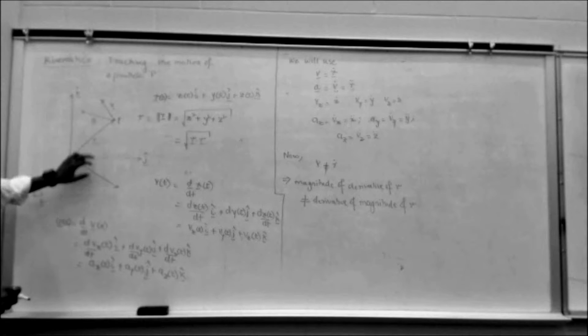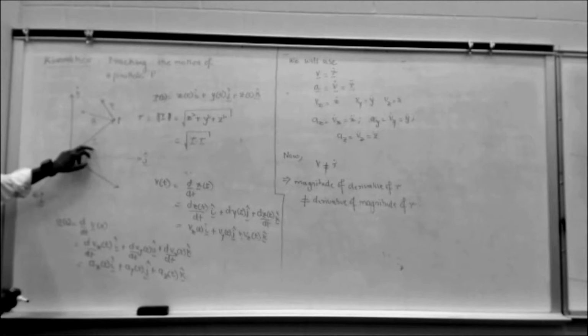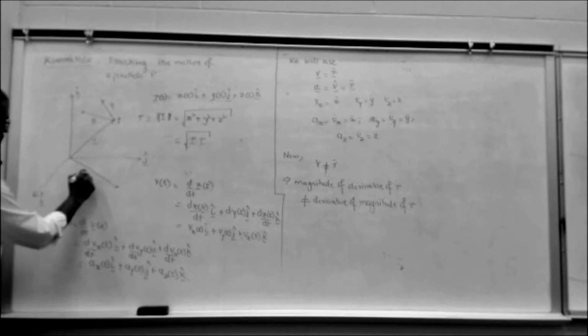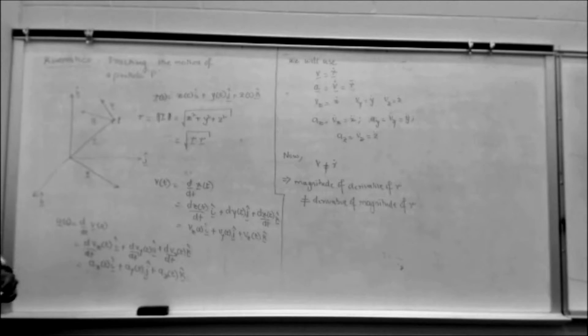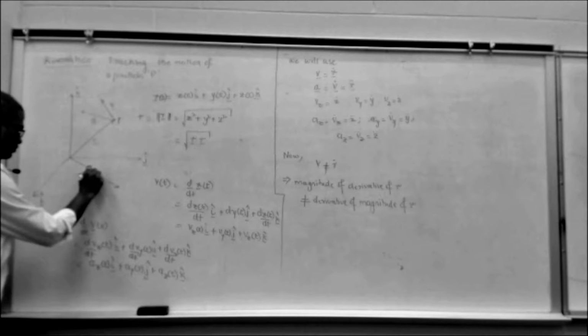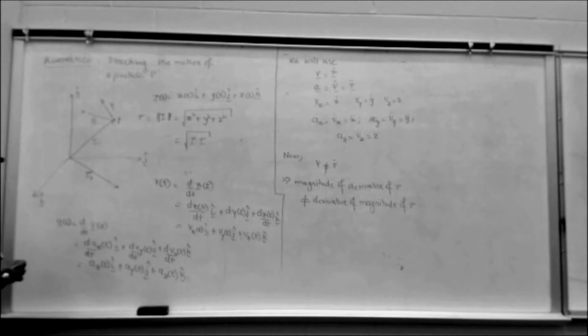This is another r, okay? Has the velocity changed? Let's say the length of this r is the same. R and R1 is the same, okay? This length and this length is the same.